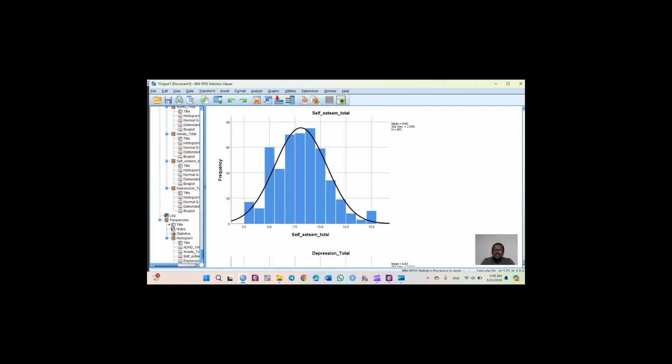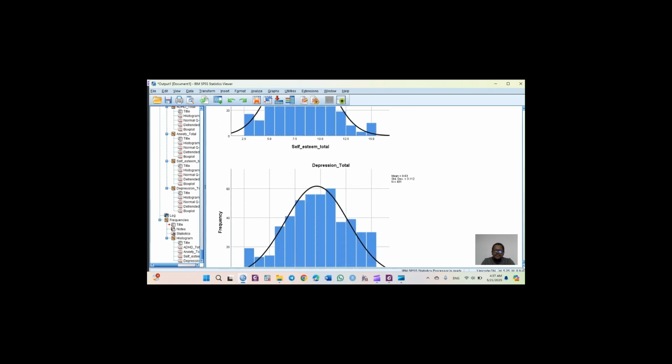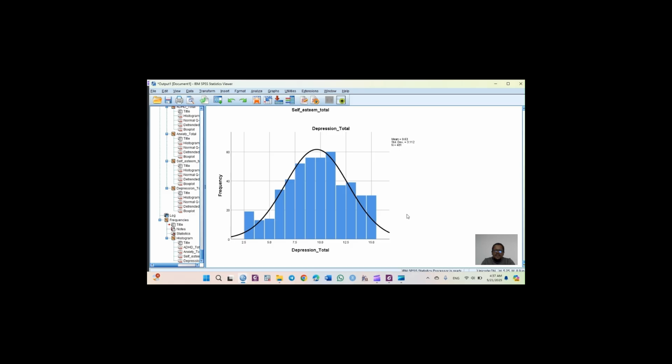The other is self-esteem. This seems perfect, the bell shape still looks good. The same is true for depression.